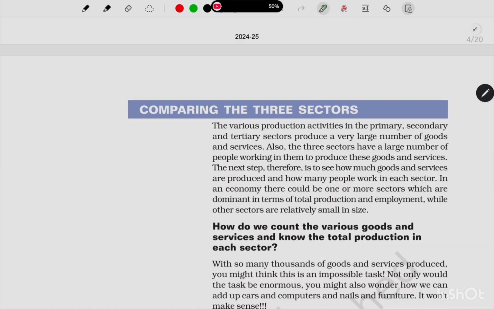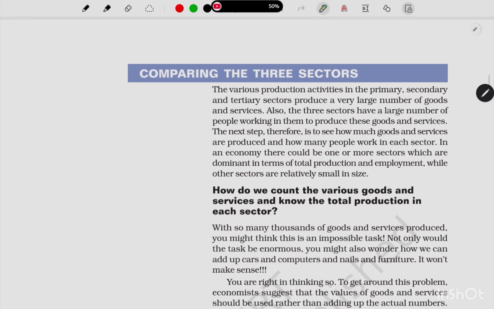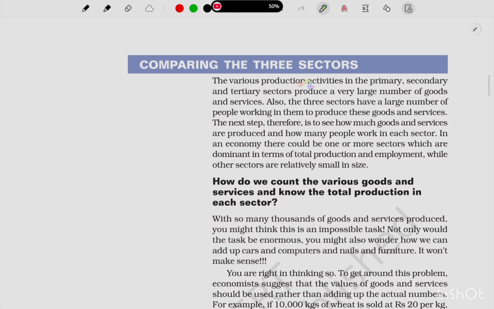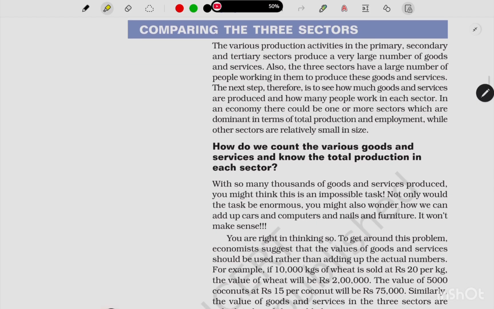So now let's continue comparing the three sectors. The various production activities in the primary, secondary and tertiary sector produce a very large number of goods and services.